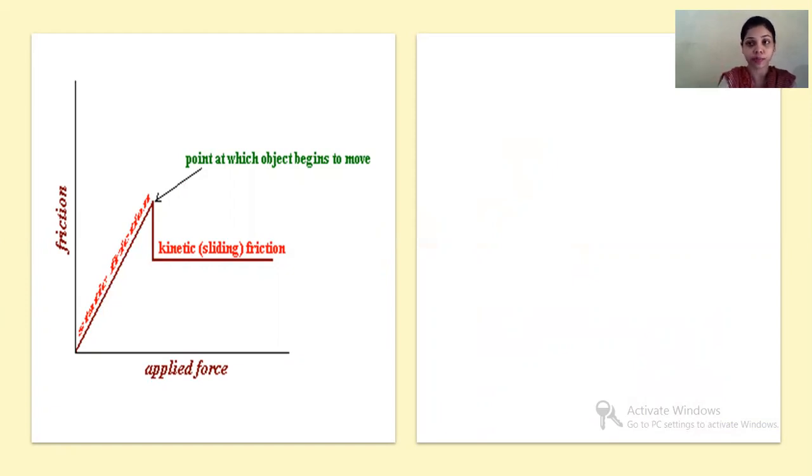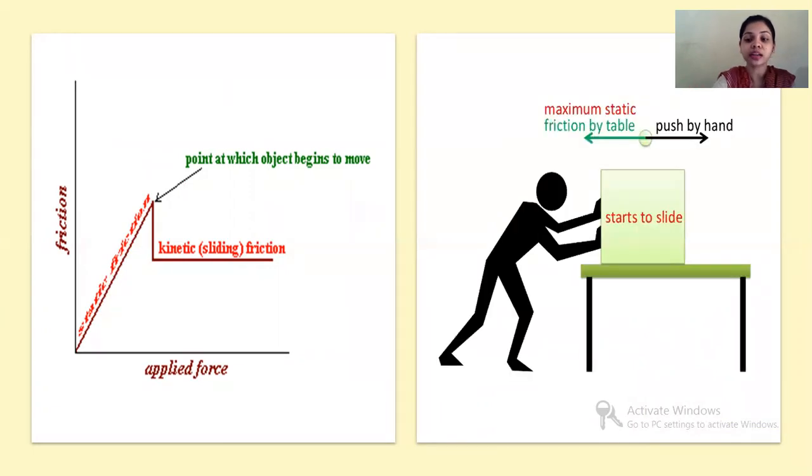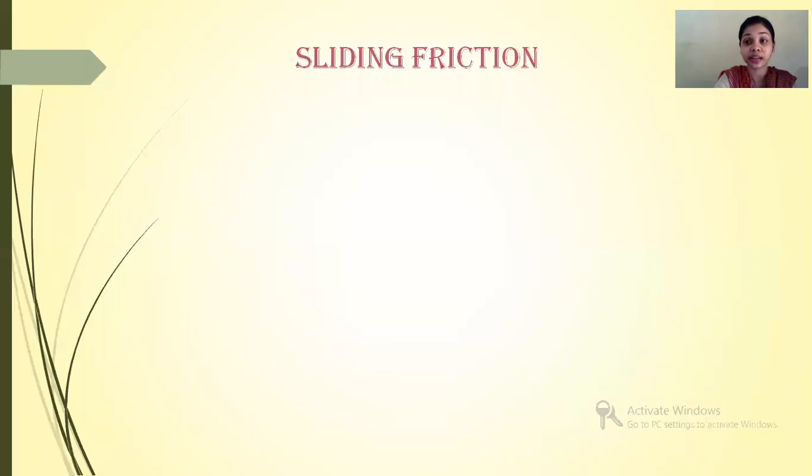But after that point, the object starts moving, and another friction comes into play, called sliding friction, right? So what exactly are static friction and sliding friction here?